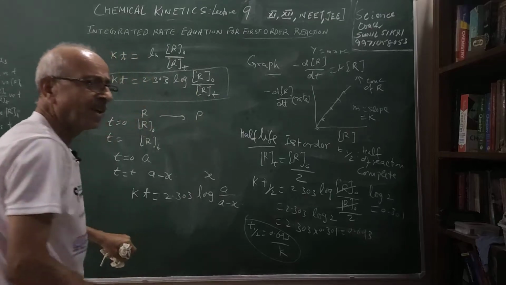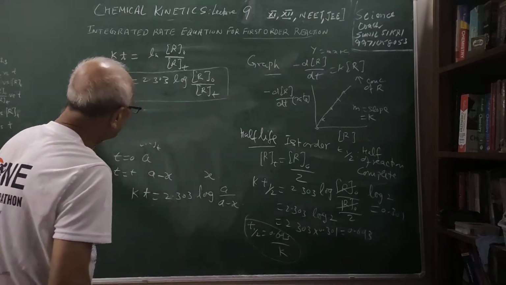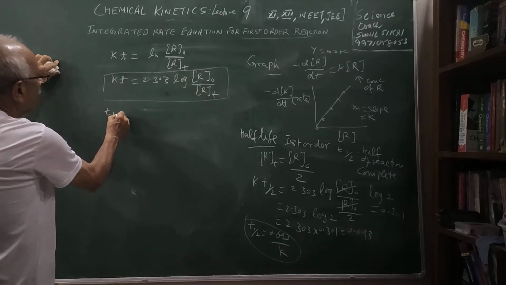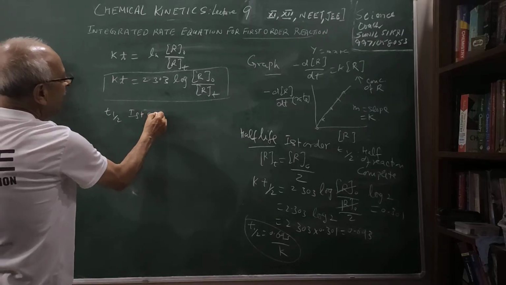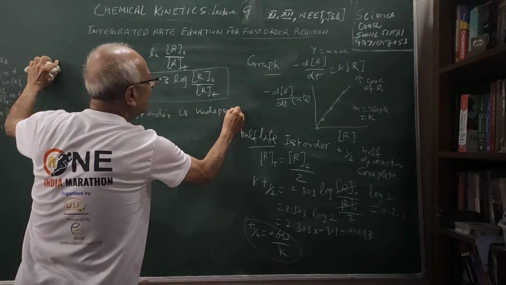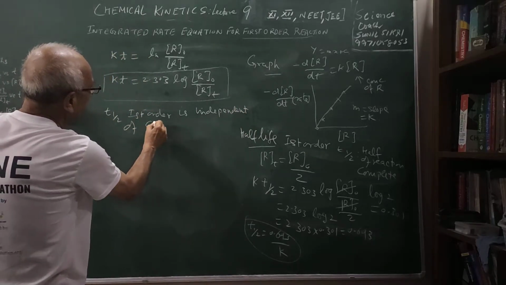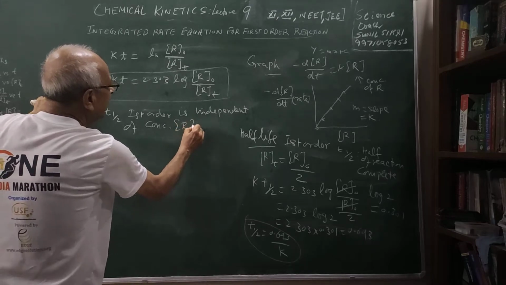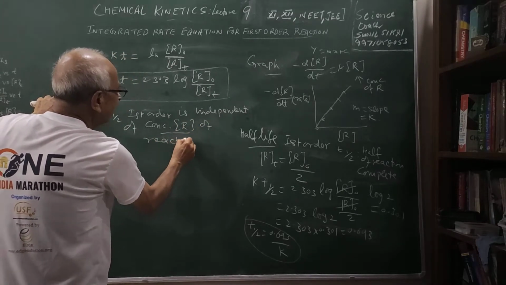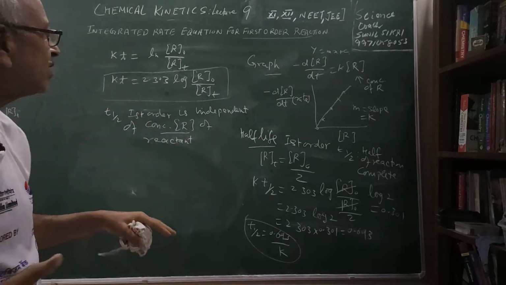This is an important relationship. It shows, students, that the half-life for a first order reaction is independent of the concentration of the reactant. It does not depend on the concentration of the reactant. The half-life of a first order reaction is always constant.